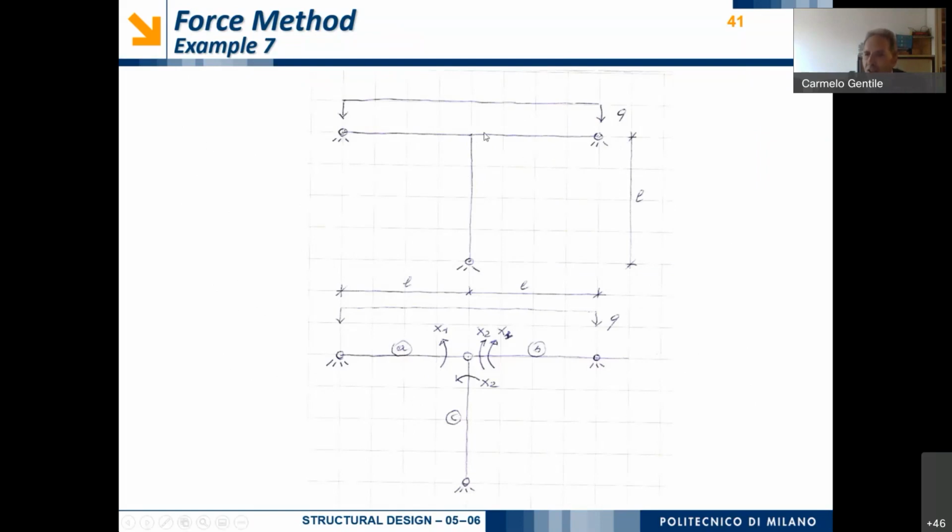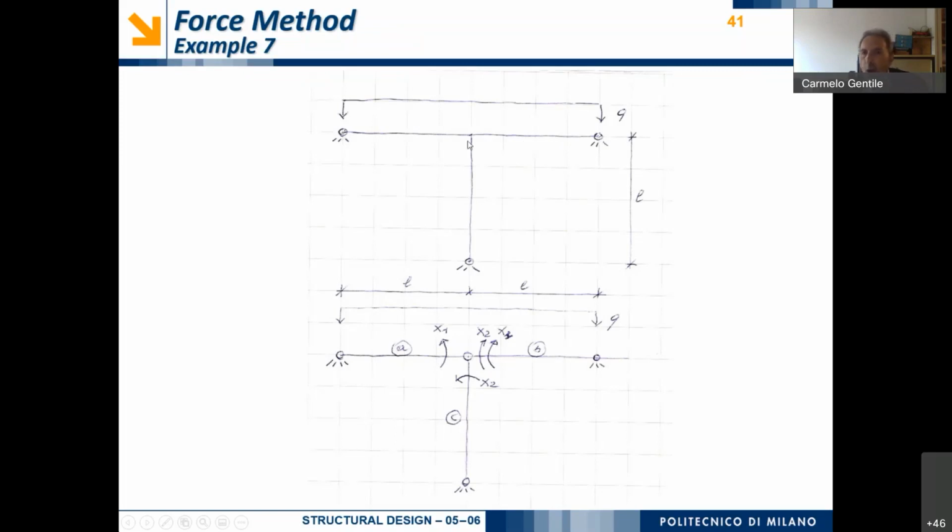We are basically applying a hinge between the horizontal left-hand part and the horizontal right-hand part. And so, for the effect of this internal hinge, we have to apply a first redundant bending moment, and we can denote this first redundant bending moment as x1, for example.